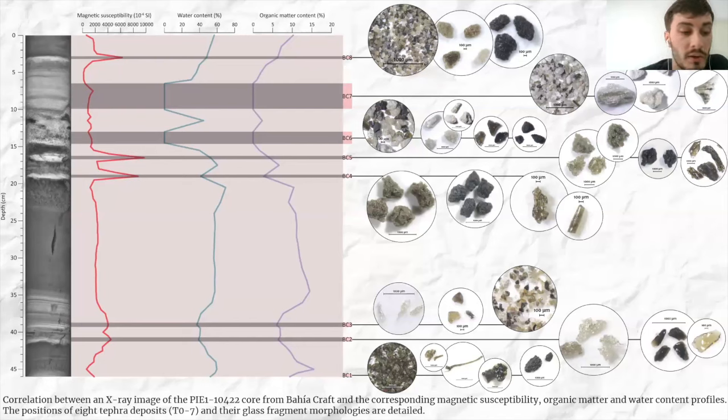These tephra units correlate positively with the magnetic susceptibility fluctuations and negatively with the water and organic matter content. So they can be traced by peaks on the magnetic susceptibility profile and by troughs on the other parameters.